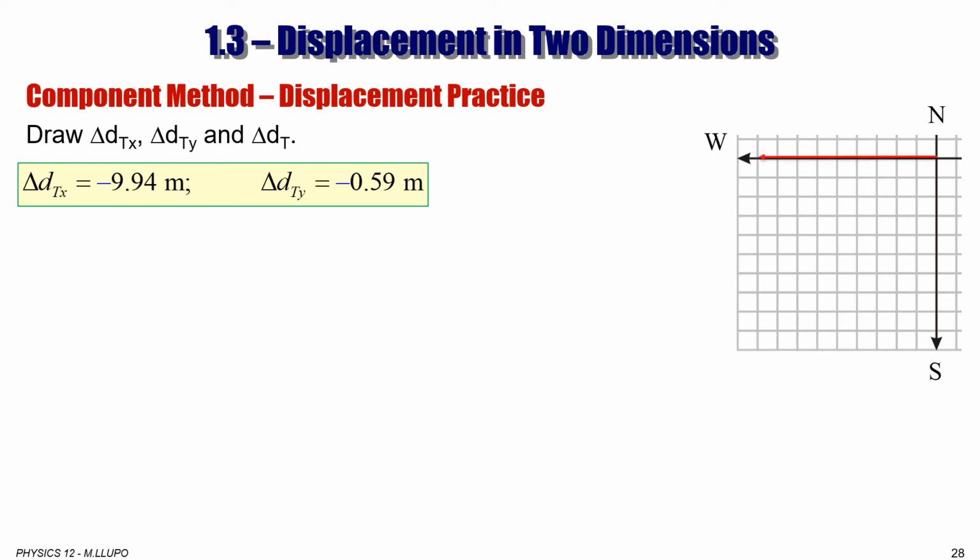So delta d total x and delta d total y, you can draw proportionally. You don't have to measure it, but obviously delta d total x is almost 10 centimeters, and delta d total y is almost half. So obviously there is going to be a huge difference in length when we draw it. So it gives you an idea that the angle is small.